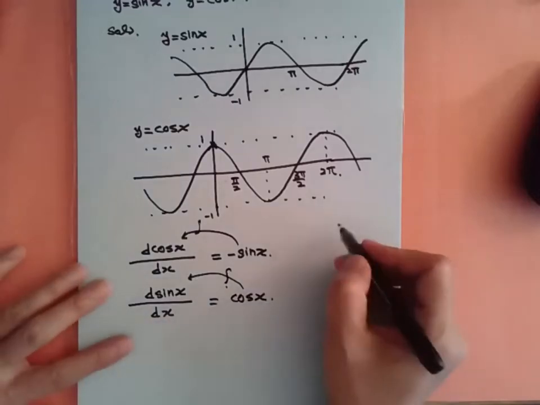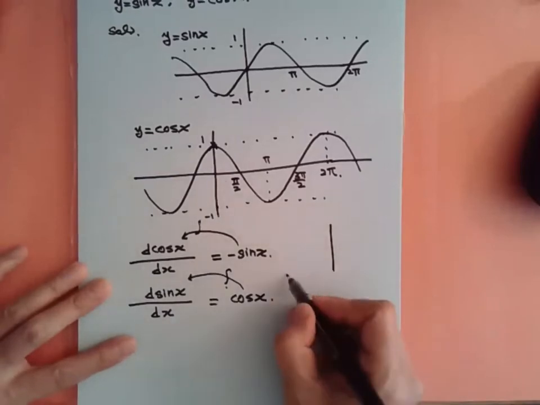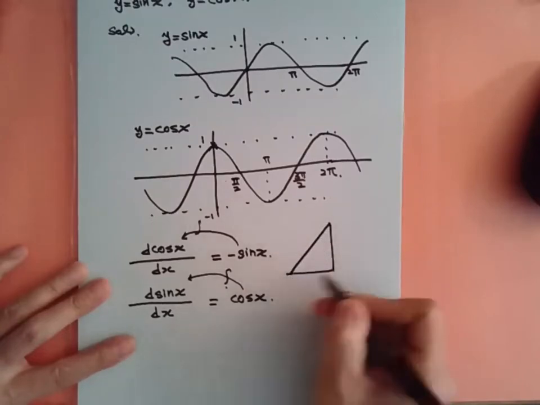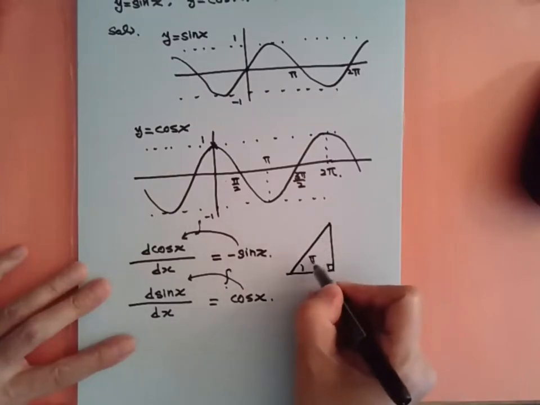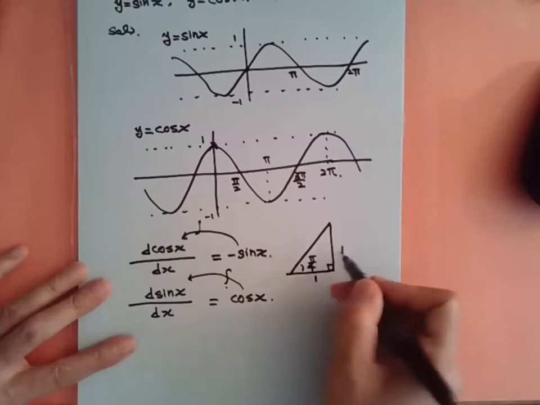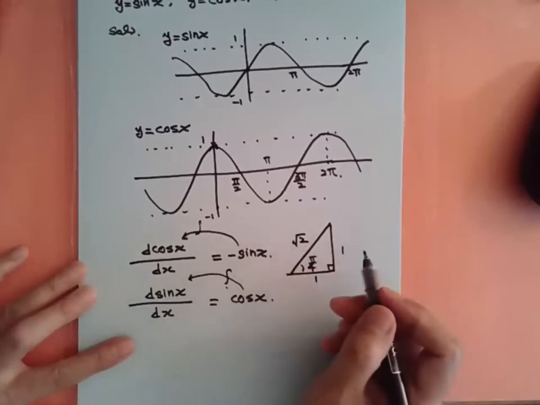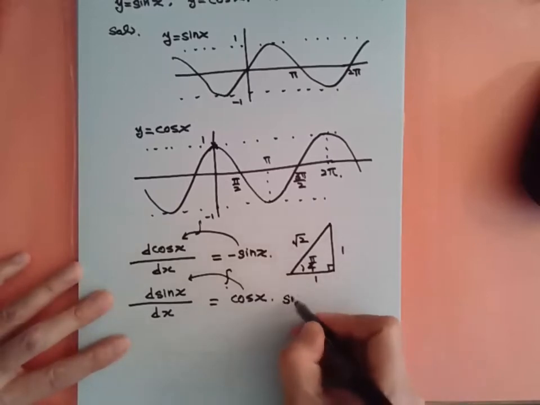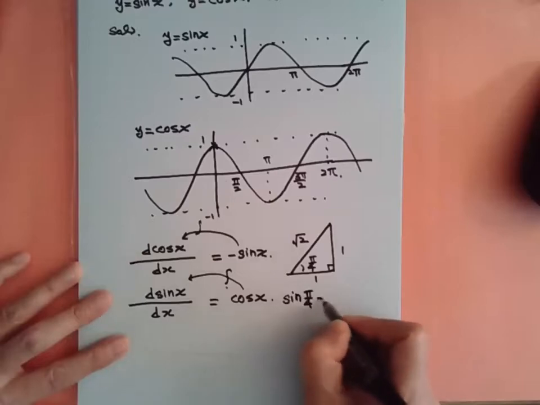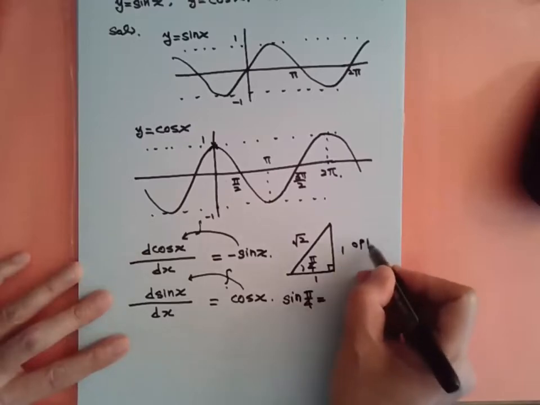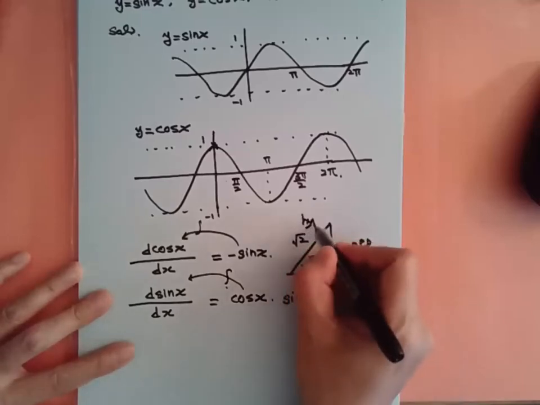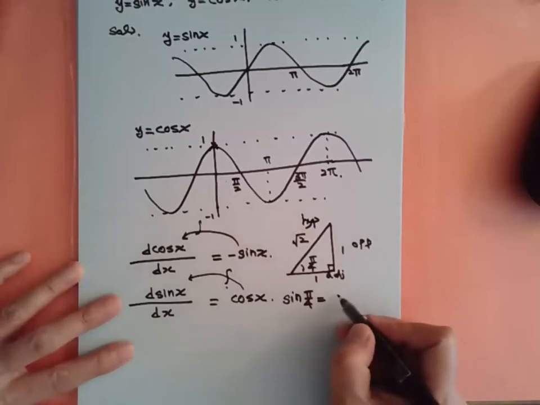In the trigonometry course, you also learned about the triangle identity with the 45, 45, 90-degree triangle. This is pi over 4. Then the sides are 1, 1, square root of 2. So here, the sine of pi over 4 is opposite over hypotenuse, which is 1 over square root of 2.